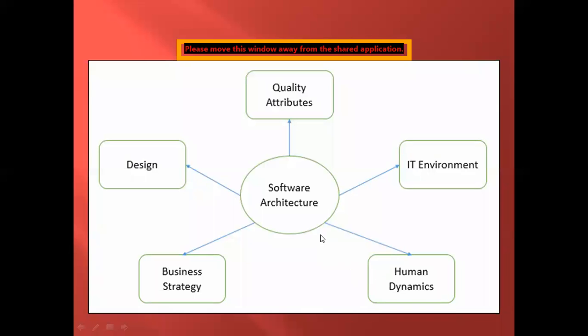Because this has the interface with the software architecture, accordingly we can change the phase or the architecture as per the requirement of the human being, the customer or the need of the organization. So we can change our architecture as per the requirement of human dynamics, or those who are using your software.